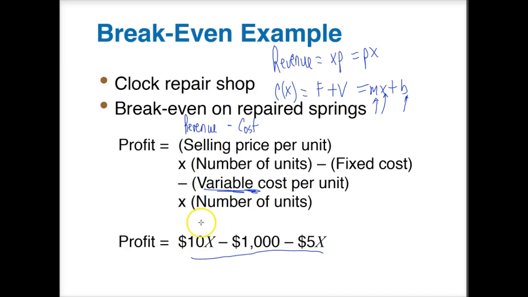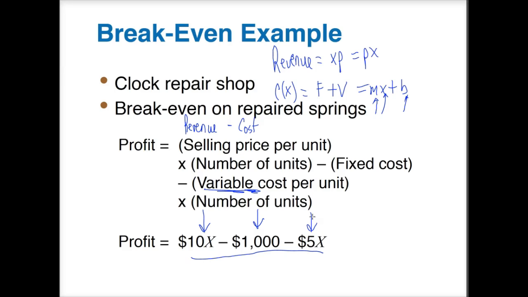So what we're saying here is that to do the repaired springs is going to be $10 per watch or per spring. We have a fixed cost of $1,000, and we also have a cost of $5 per watch.